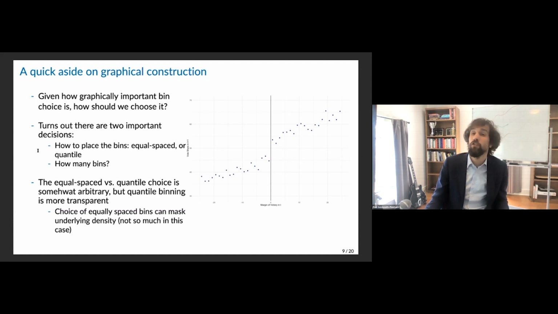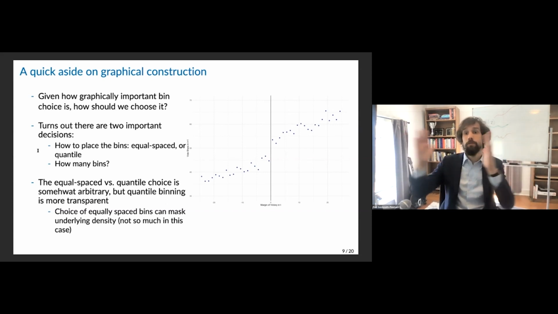The place where it plays a huge role, and it's very important to keep this in mind, is if this part of your density, the part of your running variable where the cutoff is, is very low in number of observations. Then depending on how big your window is, that can play a big role, right?